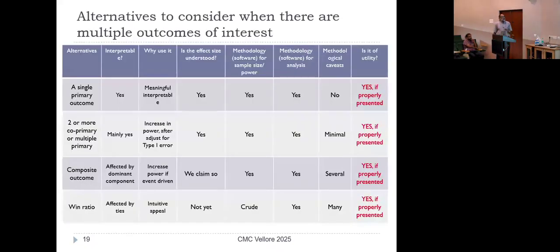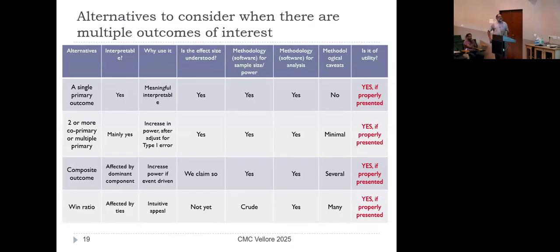So, alternatives to consider when there are multiple outcomes. You have a single primary outcome, two or more primaries, co-primaries or multiple, composite or win ratio. Is it interpretable? These are yes. This is affected by the dominant component. This is affected if there are ties. If you're comparing two and nobody has died, what do you do?